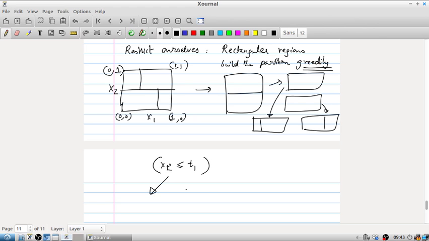And then depending on that, you have two parts, okay? And on each part, you again have a split. For example, x1 less than t2, and here maybe x1 less than t3. So let's say this is t3, this is t2, and this is t1, right?